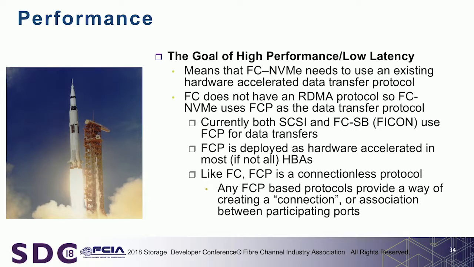And the reason we want to use it is because many of the existing HBAs have FCP as a hardware accelerated option. FCP itself is a connectionless protocol. There may be connections in the protocol itself, but FCP itself is a connectionless protocol. It's really a data transfer protocol.